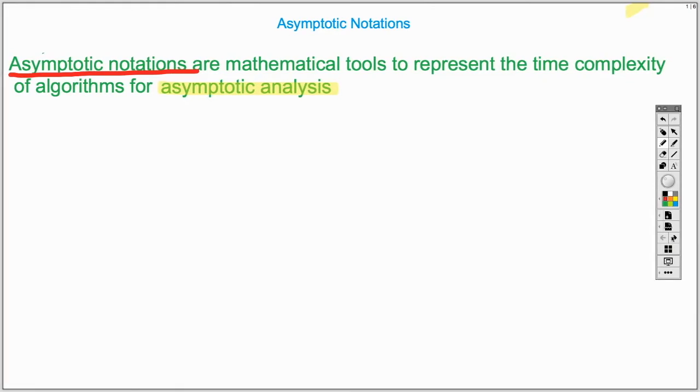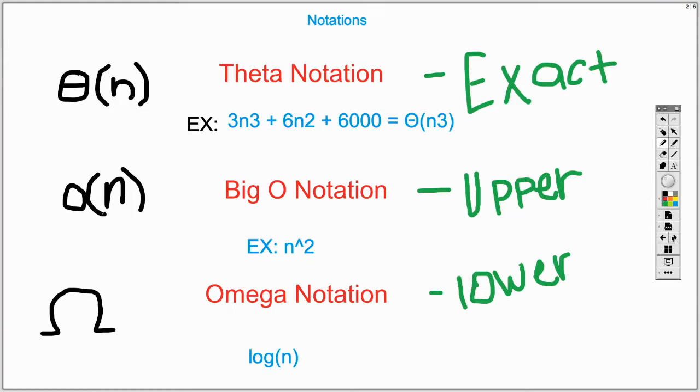First up, we have theta notation. This is how in computer science we write to represent the theta notation. Actually, all of these are the symbols used to represent these notations, sorry.